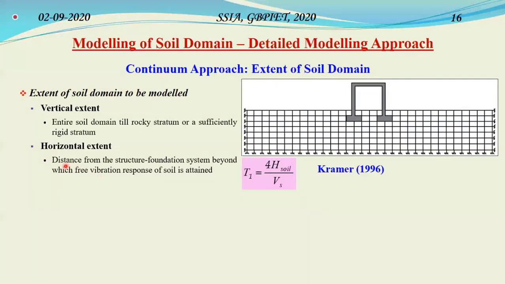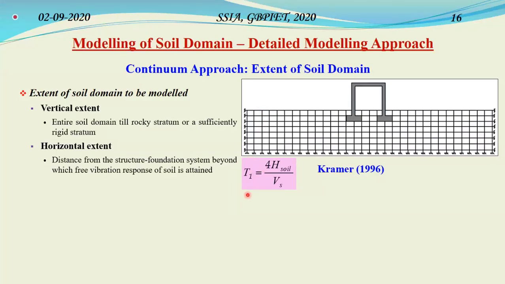So in the horizontal extent, we should find out the distance from the structure foundation system beyond which free vibration response of soil is attained. Now the question is, how do we know whether the response at this point is a free response of the soil?